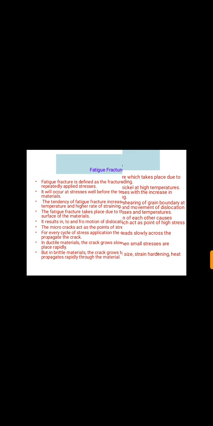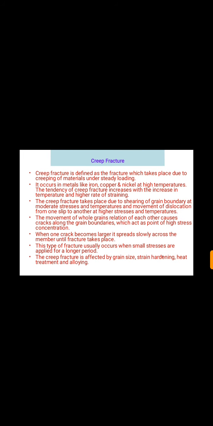Then the last one is creep fracture. Creep fracture occurs when the material is subjected to very high temperature. When it is subjected to very high temperatures, the material may fracture or fail.